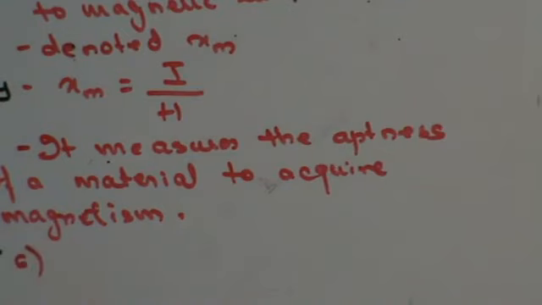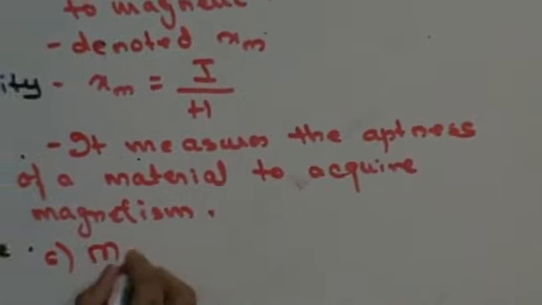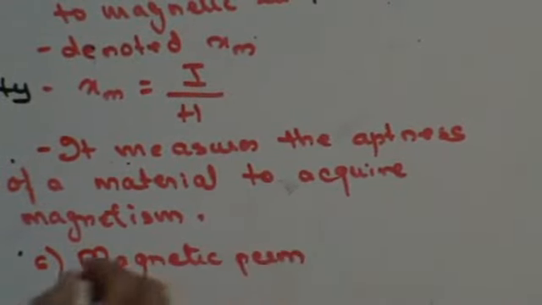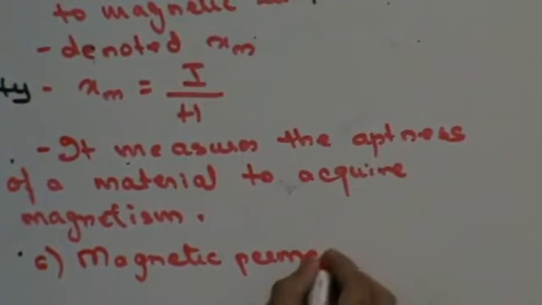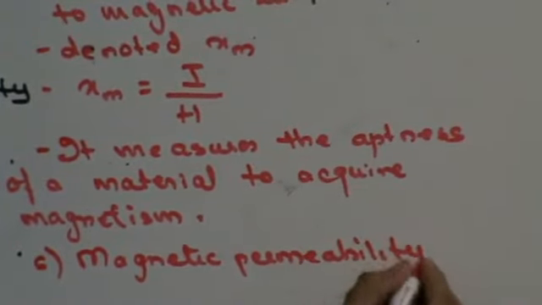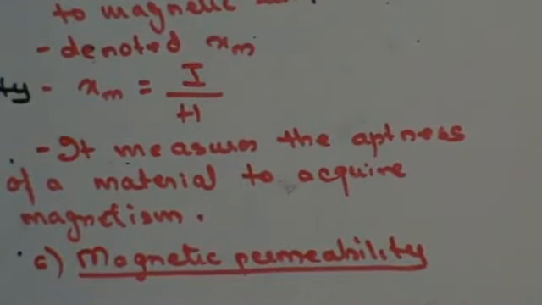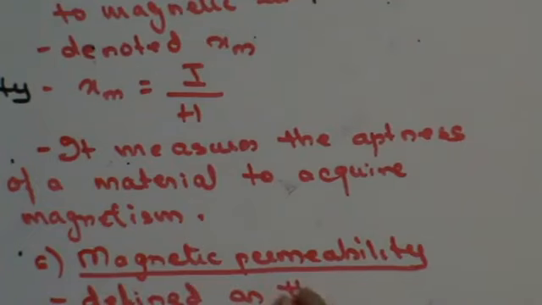Next, what do we mean by magnetic permeability? Magnetic permeability is defined as the ratio of magnetic induction to magnetic intensity.